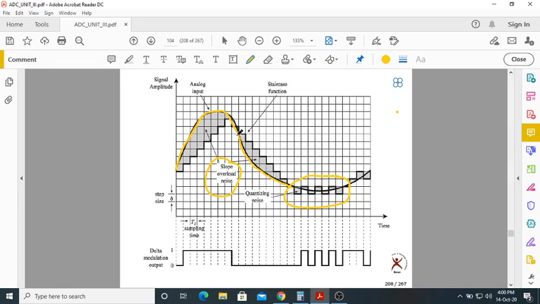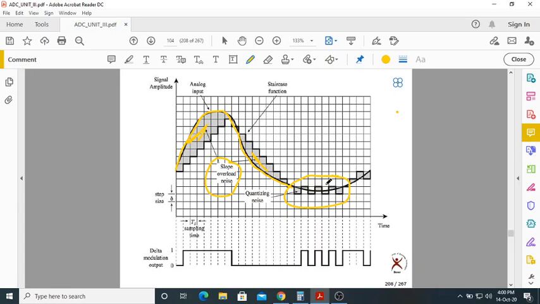Here also, the slope of the analog signal is more than the slope of the staircase. Here it is rising sharply and it is falling sharply, but the staircase is unable to rise fast as well as fall fast. So, there is a mismatch. That is called slope overload distortion. The reason is the slope of the staircase is less than the slope of the given analog signal.